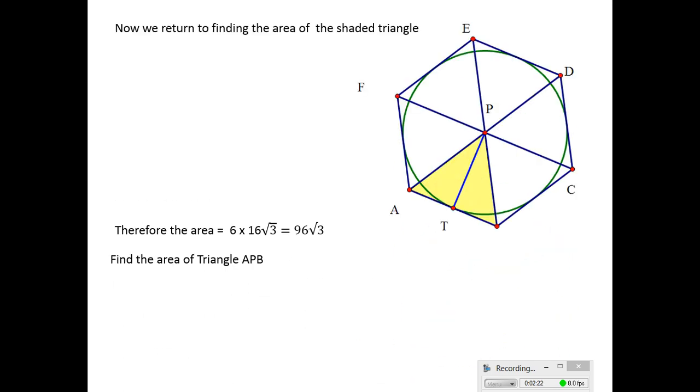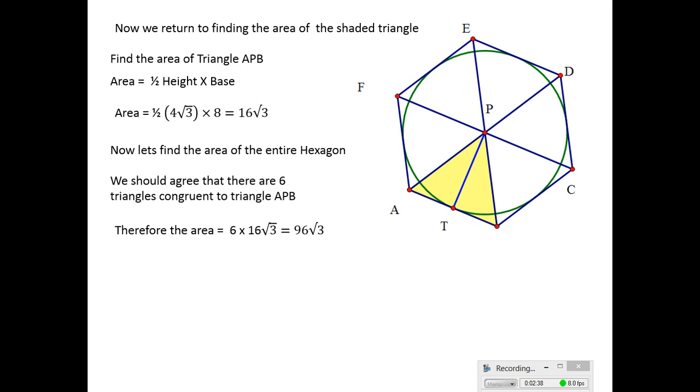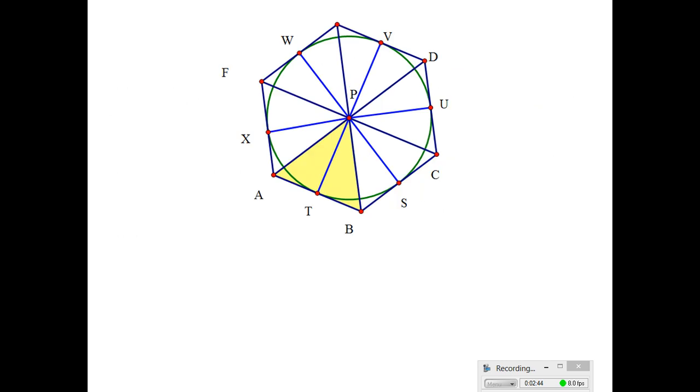So that allowed us to find the area of one of the triangles using the half the height times the base formula, and that gave us that the triangle shown there in yellow has area 16√3. If we multiply that by 6, since there are 6 triangles, we get the area of the polygon.